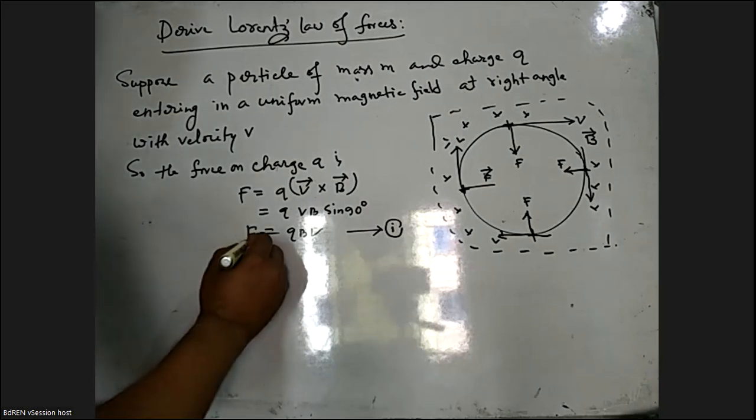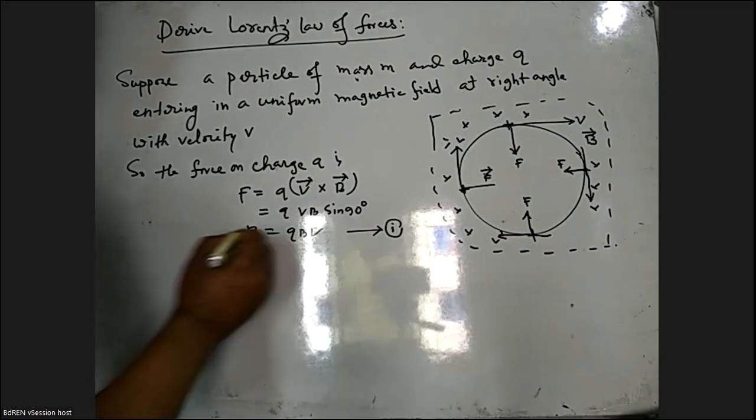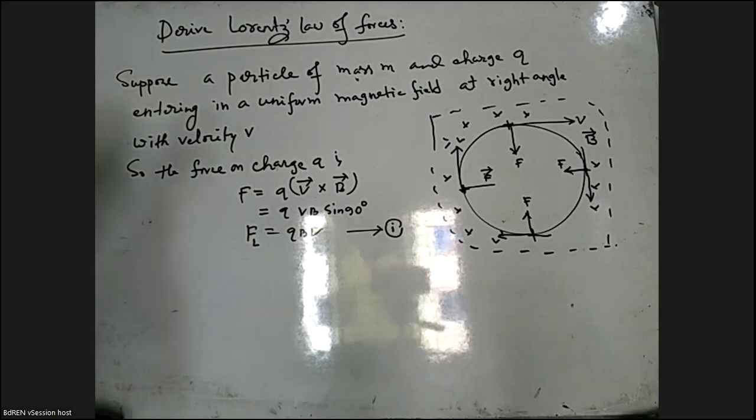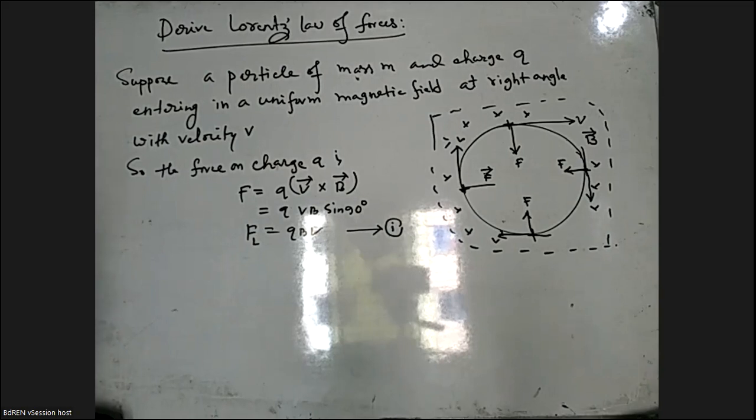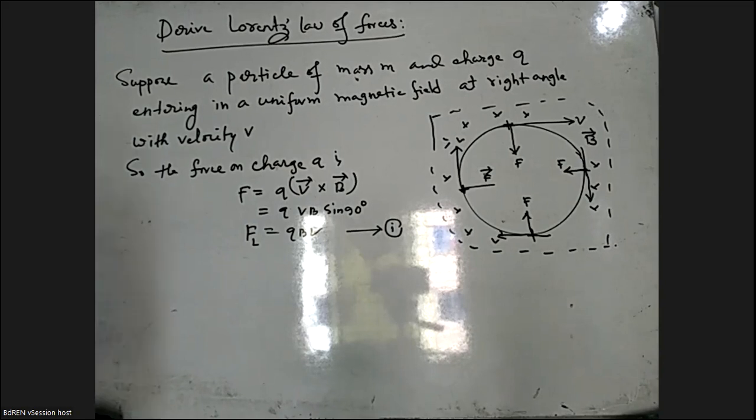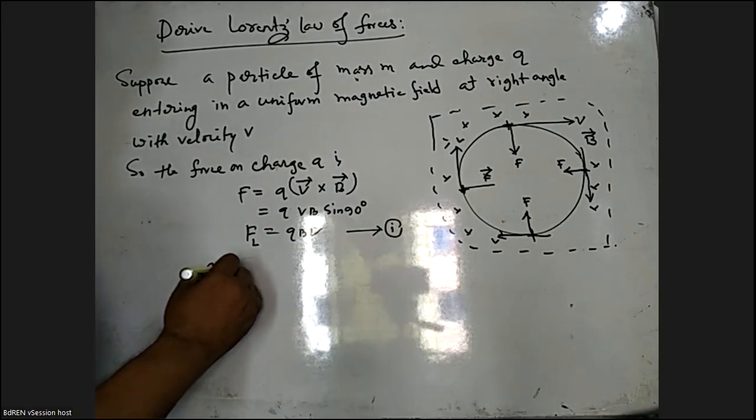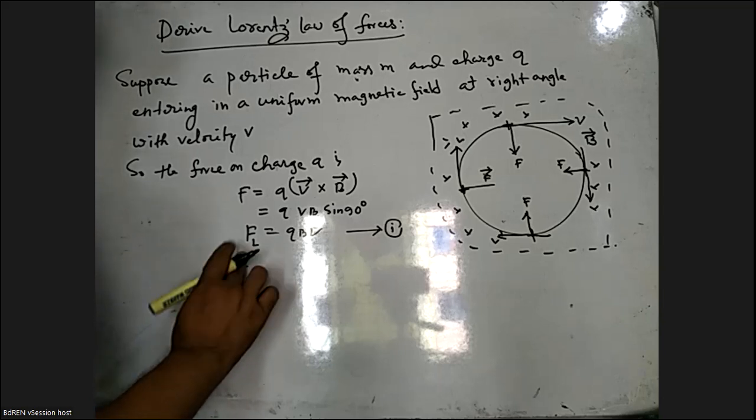And this is the linear force. On the other hand, the force is always perpendicular to the direction of the motion and the magnetic field B, so the charge will describe a circular path. Here the force F provides the required centripetal force.